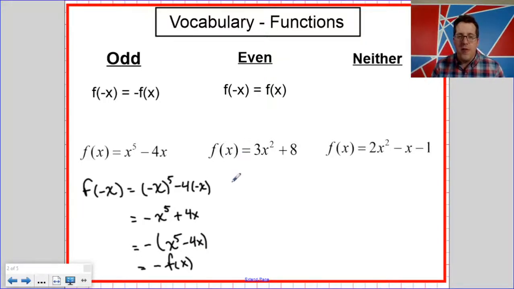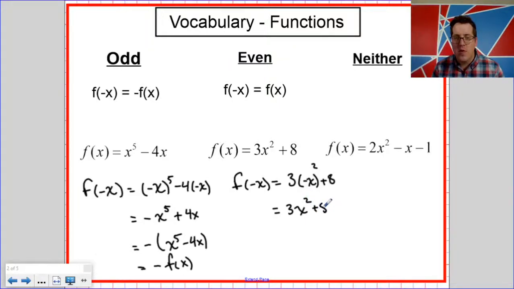With an even function, when I do that exact same input, the opposite of x, what I'll see, and I don't want to use this word too broadly, is that the operations will cancel out, and I'm left with the exact thing that I started with.